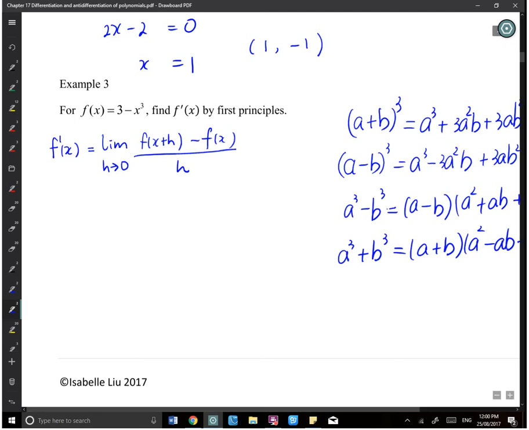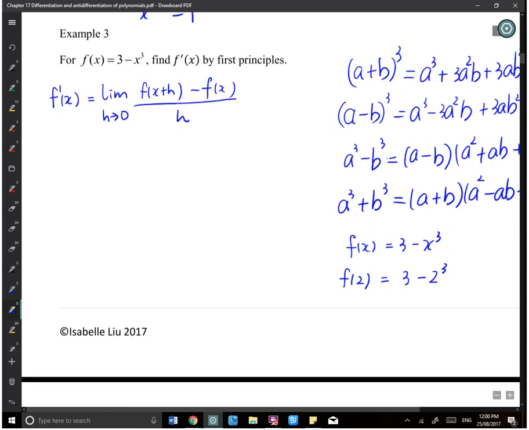So, if you don't know what to do with that, let's start from the simple idea. f(x) equals 3 minus x cubed. What does f(2) equal? f(2) is 3 minus 2 cubed. Instead of x, you put 2 in.